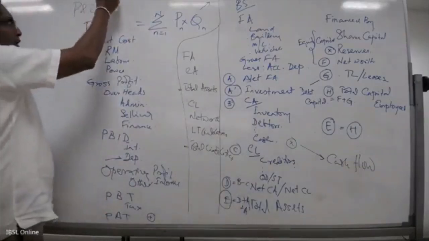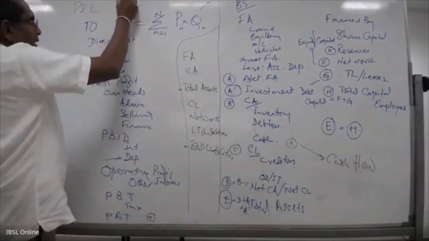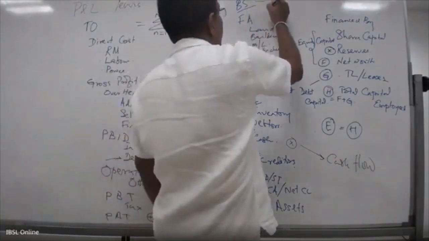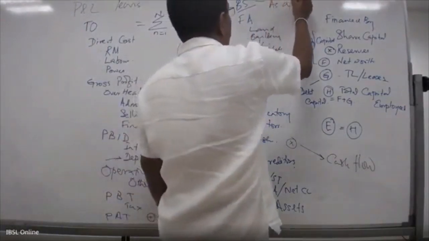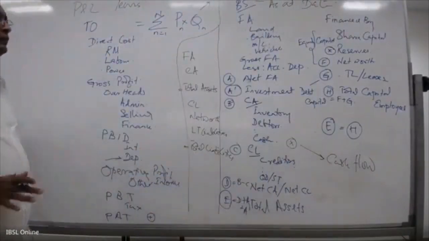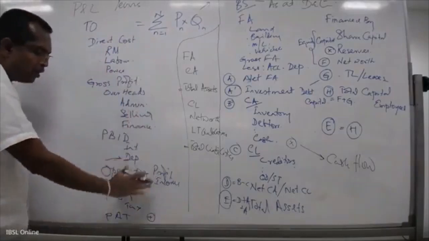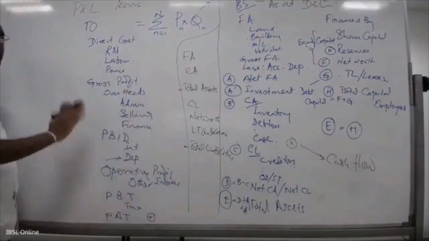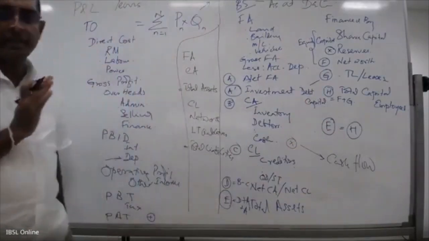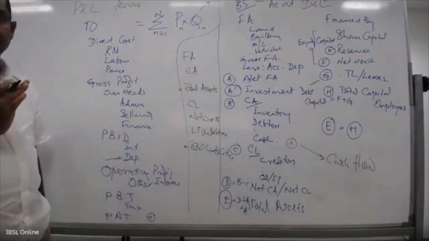P&L is for a year. Balance sheet is for a date, right? This is the financial performance of a company. This is the financial position of a company, right?